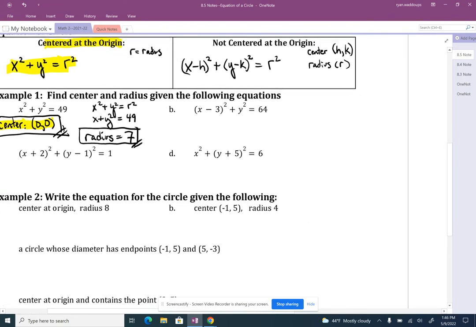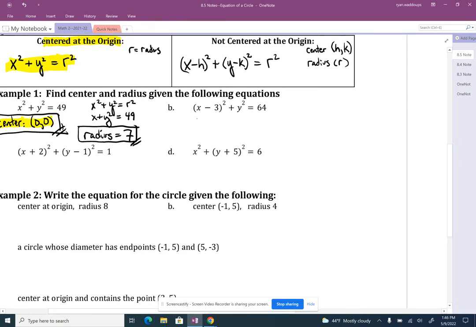All right, once again, over here we'd say our general equation is x minus h squared plus y minus k squared is equal to r squared, the radius.